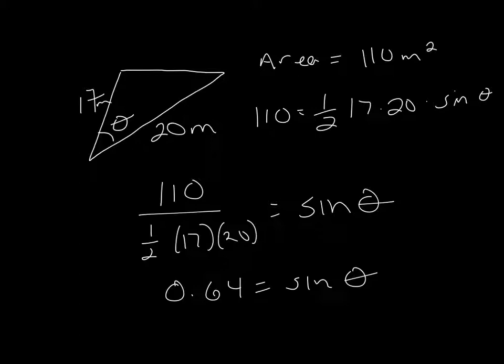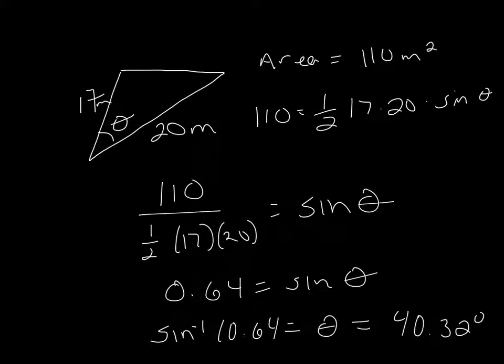I have the sine of some angle equals 0.64. To solve for this, I have to do the inverse sine. So sine inverse of 0.64 is going to get me theta. When I work that out, theta is approximately 40.32 degrees. Remember, we're solving for an angle.